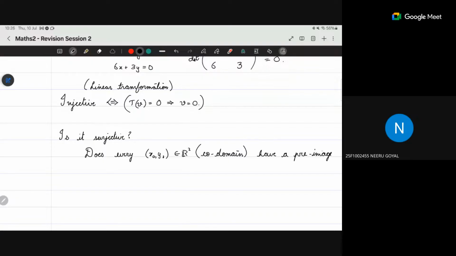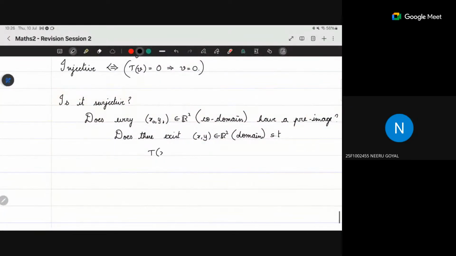Pre-image meaning a vector which maps to this vector. Or does there exist xy in R2 in the domain such that p of xy is equal to x0, y0? This has to happen for all x0, y0.